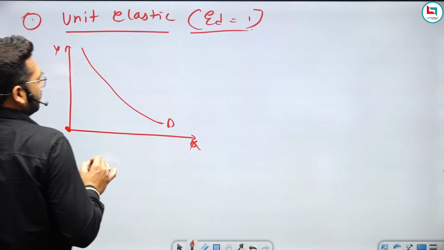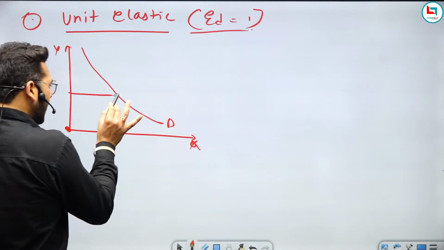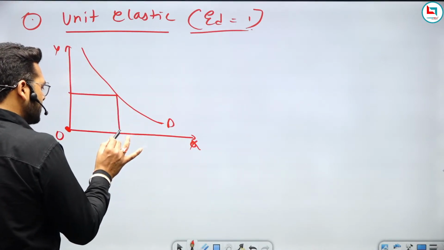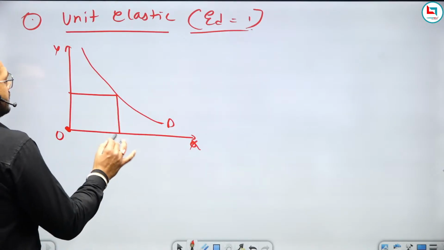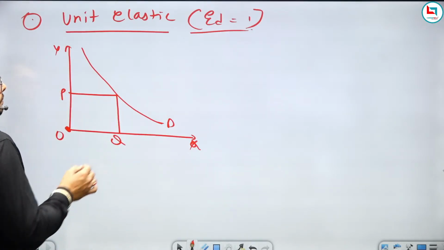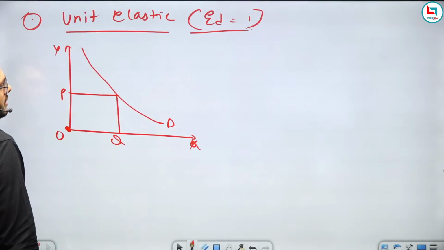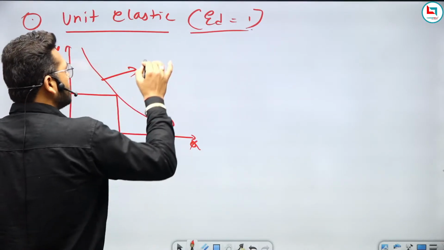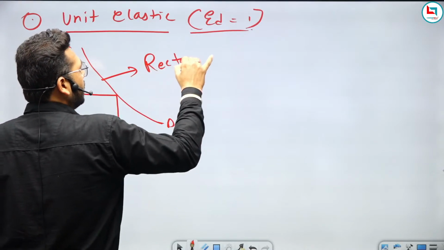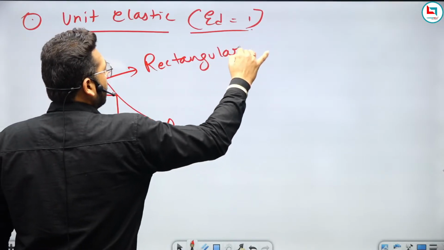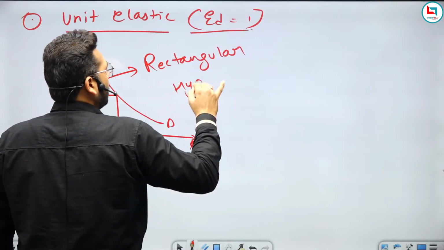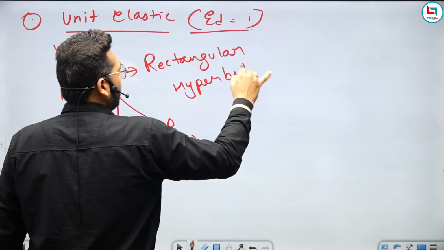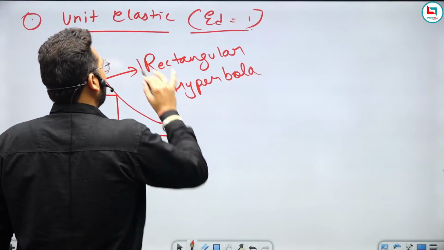This is demand, this is Q, this is price. When the change in price is exactly equal to the change in demand, the name of this curve is rectangular hyperbola.